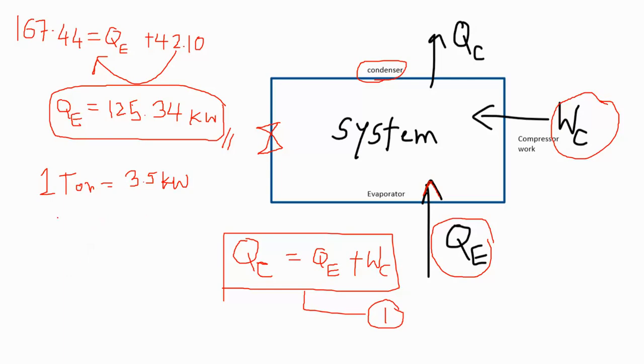Now convert it into ton just by dividing 125.34 by 3.5, and you will get 35.81 ton.